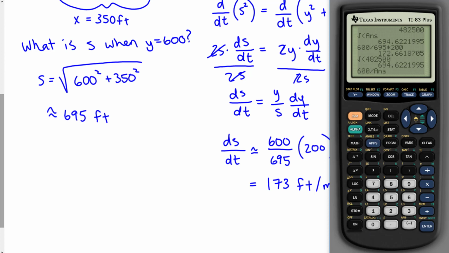Even if you wrote 695 down, you can still use all the decimals that are available to you. Then multiply that by 200, and it might just give you a slightly more accurate answer. It might round to something slightly different. In this case, it did not.